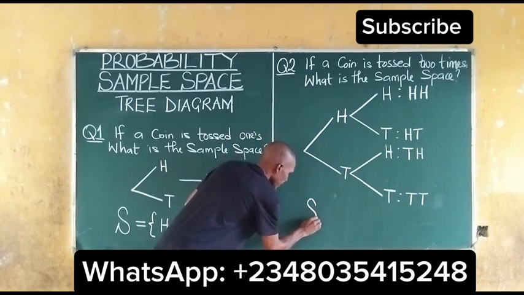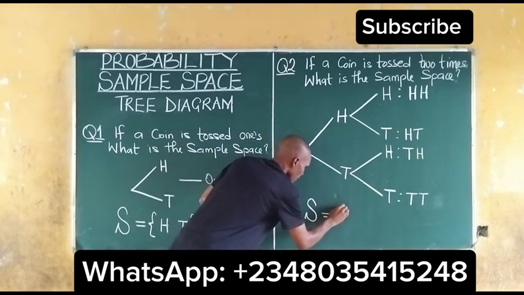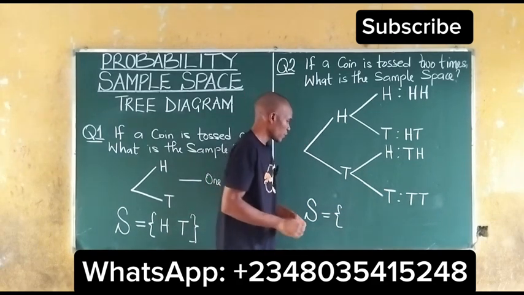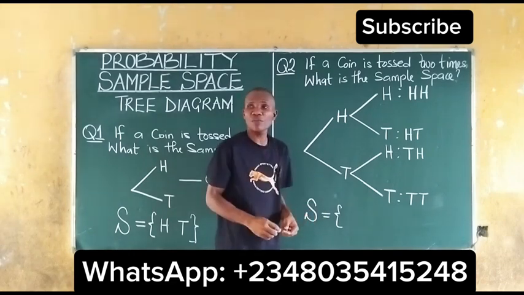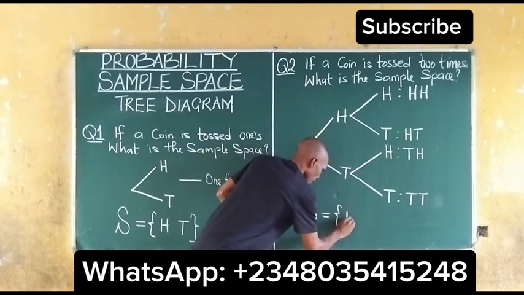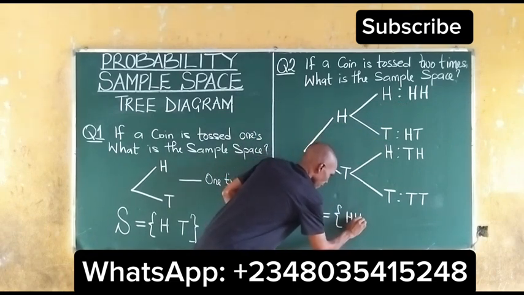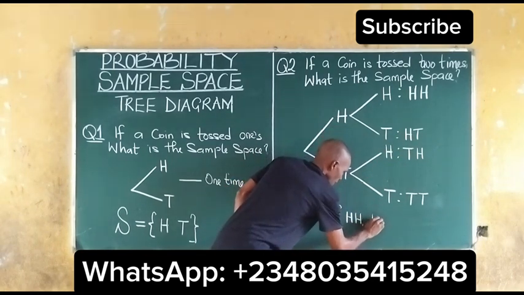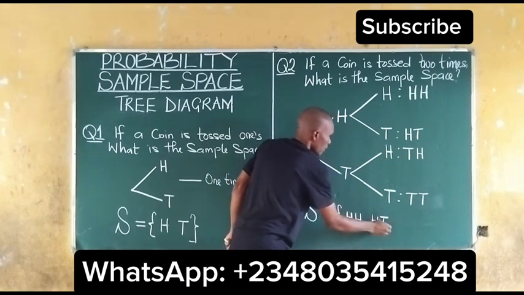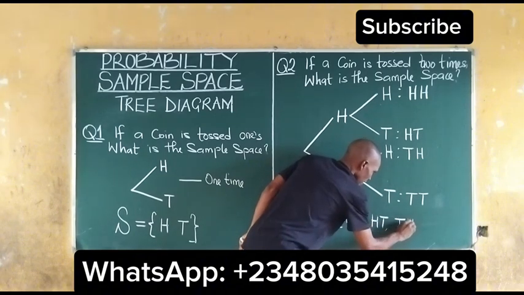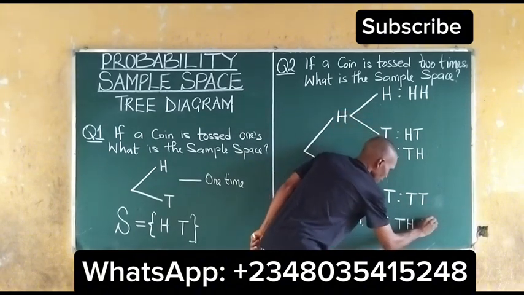So how do we write the sample space? Our sample space can now be written as, like we defined it, the collection of all possible outcomes of an experiment. So we have head, head; head, tail; tail, head; and tail, tail.